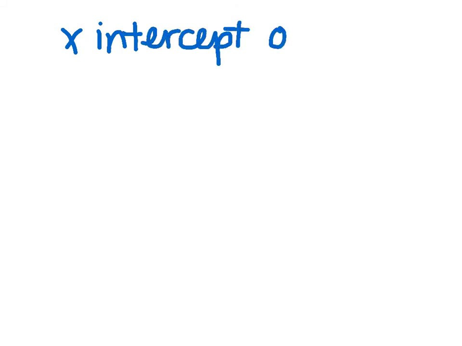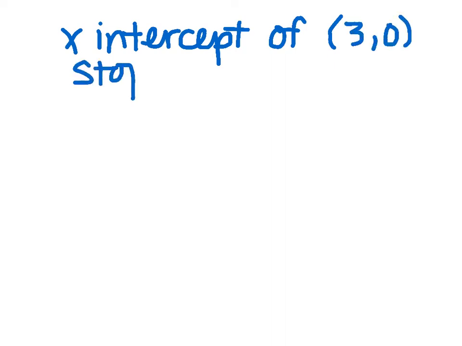Some of the problems will tell you it has an x-intercept of, let's say, 3, 0, and a slope of, let's make it 1/2.